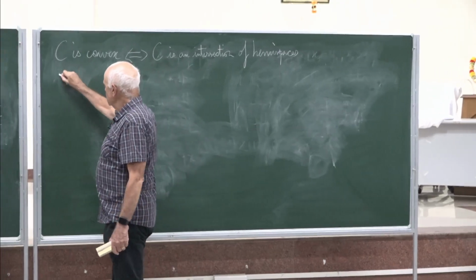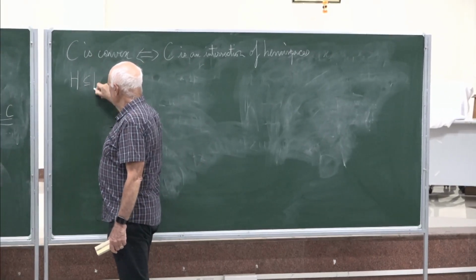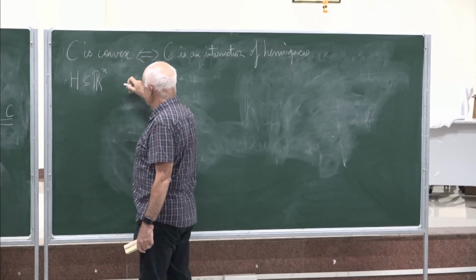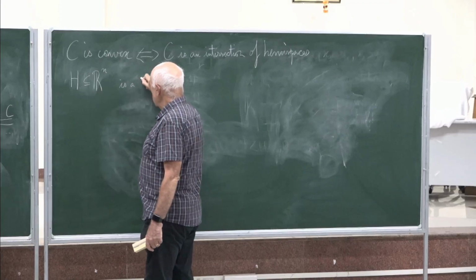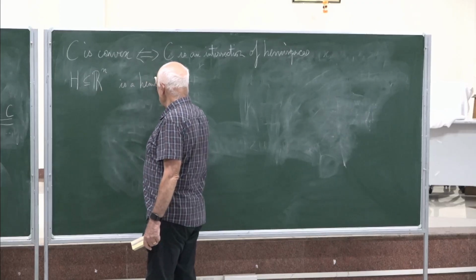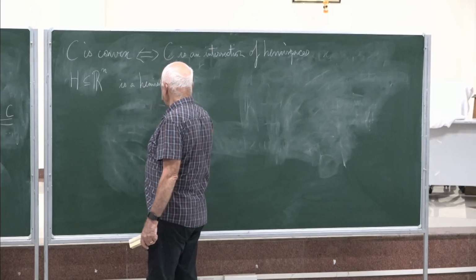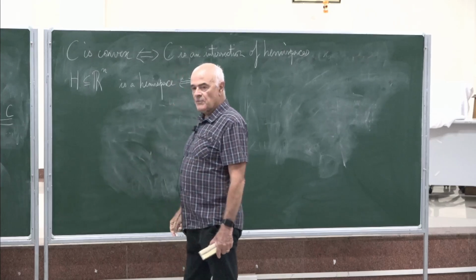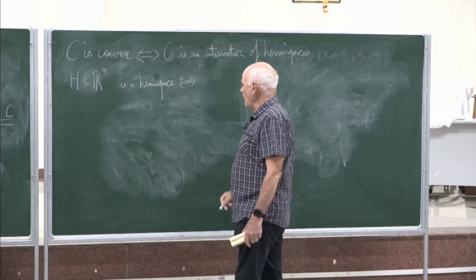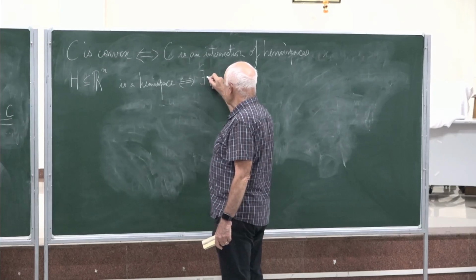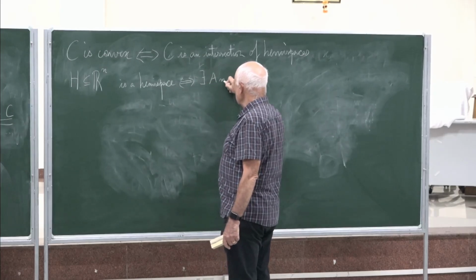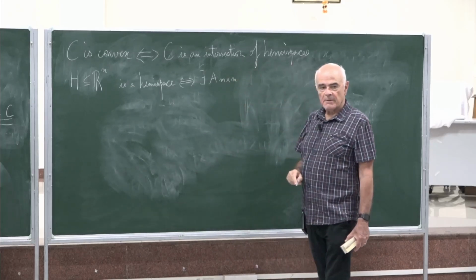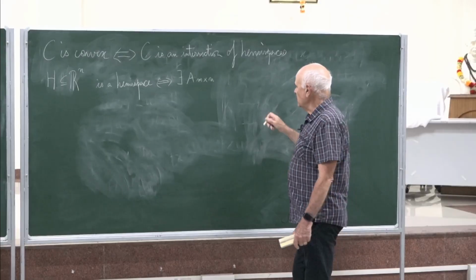H is a hemispace if and only if there exists a matrix A, m by n, with m less than or equal to n.